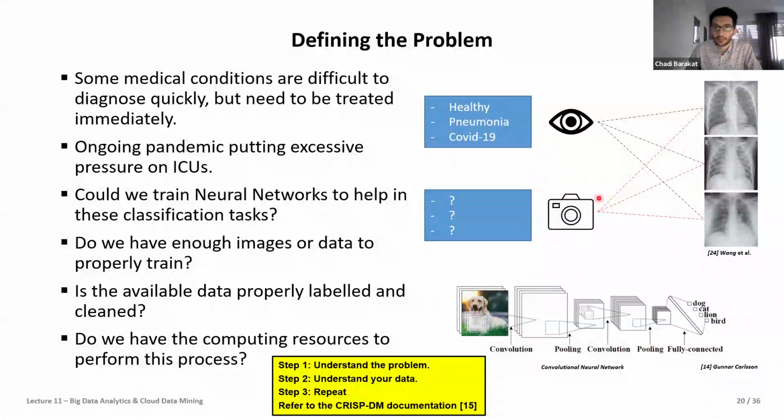But a machine learning algorithm can definitely not do that just by looking at the picture. We need to give it a collection of data where it looks at several examples of each class, as you can see here. And then based on these many iterations of looking at these images, it develops an idea of what a healthy lung should look like, or a lung affected by pneumonia should look like.